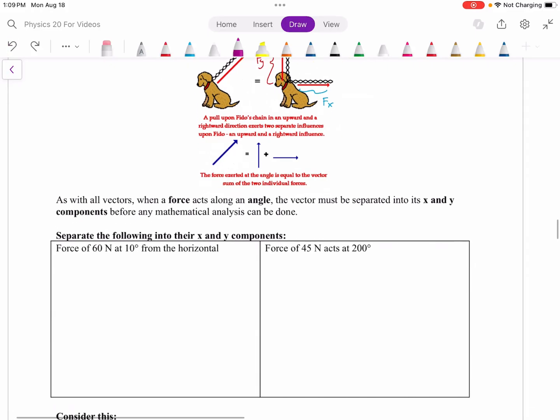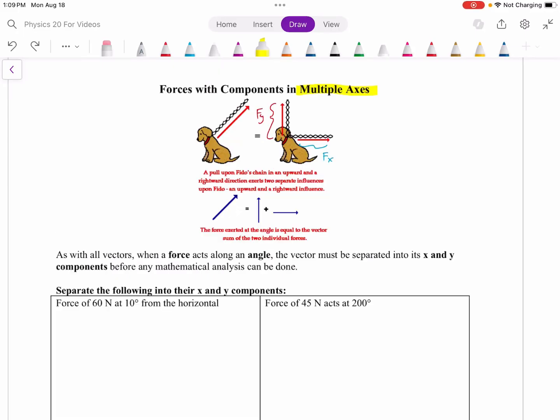And so like all of the other vectors we've worked with, if a force acts at an angle, before we can do any real useful addition, the vector needs to be separated into its x and y components because we know we can only add x's to x's and y's to y's.